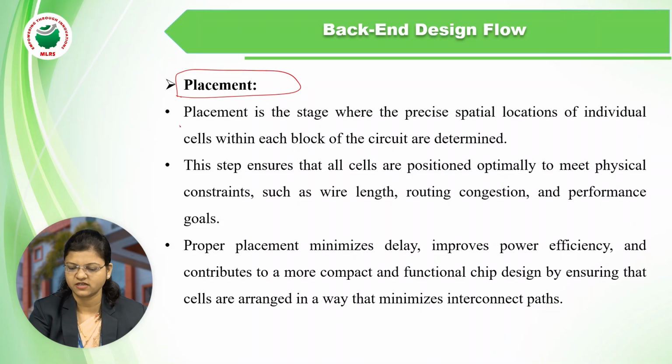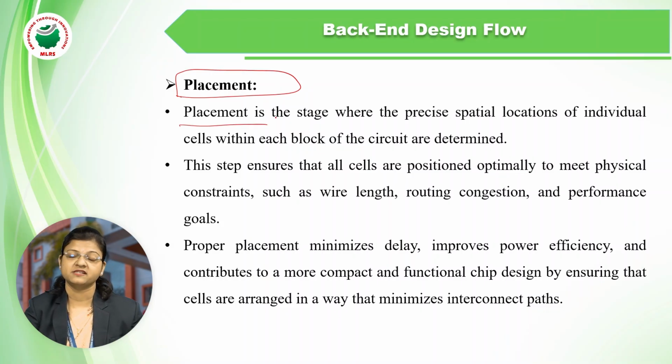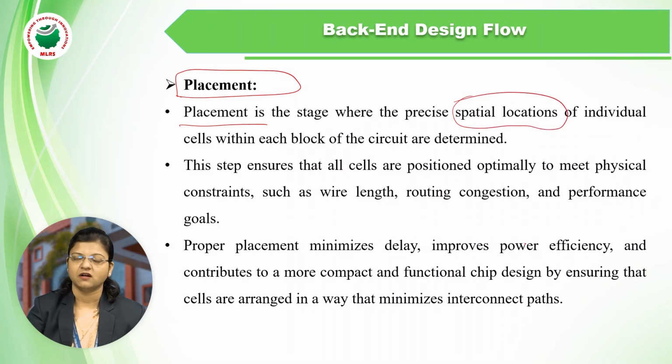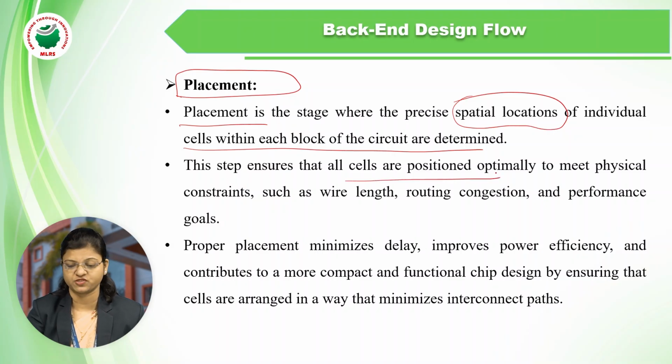In placement, this is the stage where the precise spatial locations of individual cells within each block are determined. Here we are again looking at cell positioning, which will meet the physical constraints, such as the length of the metal wire we are going to use for the interconnections, and routing congestion.